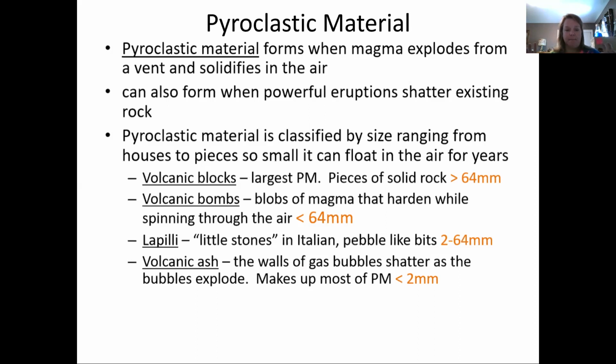When these gas bubbles form and then explode, the walls of the bubble, which had hardened, turn into these tiny little bits, and there's a lot of silica in there. It's just like breathing glass, I've been told. And so it makes up most of the pyroclastic material.